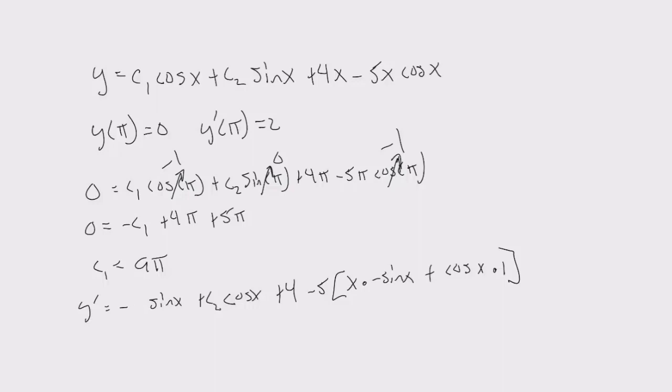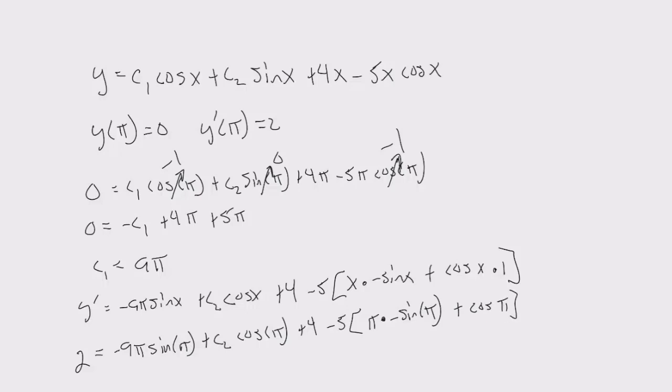Oh, and actually we know c1 is 9 pi, so I can put that in there. So then I got 2 equals negative 9 pi sine of pi plus c2 cosine of pi plus 4 minus 5 times pi times negative sine of pi plus cosine of pi. Since sine of pi is 0, that term goes away and that term goes away.